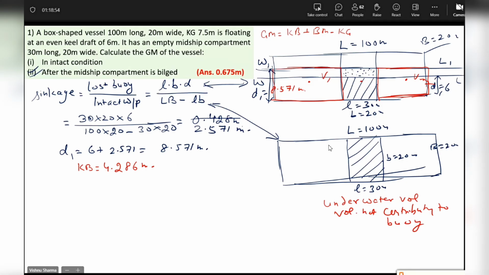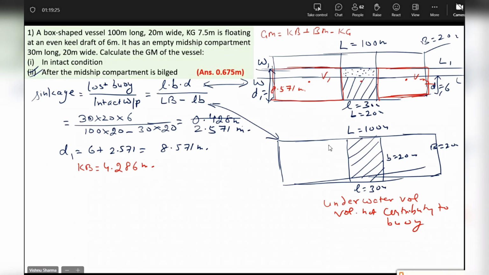Does everybody agree? Yes or no? Yes, sir. Okay, very good. So all of you agree that up to W1L1, the underwater volume is capital L into capital B into D1. Okay. What will be the distance of the geometric center of this underwater volume from keel in the notational form?